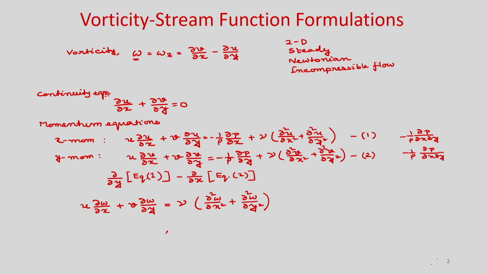Here u is the x direction velocity, v is the y direction velocity, omega is the vorticity, and nu is the kinematic viscosity.